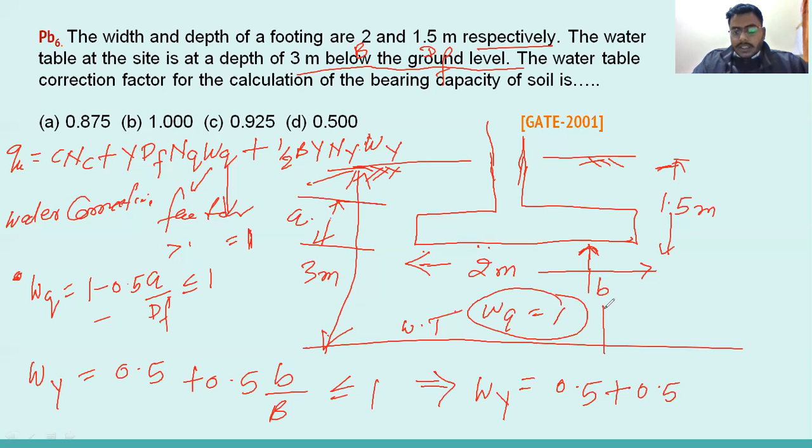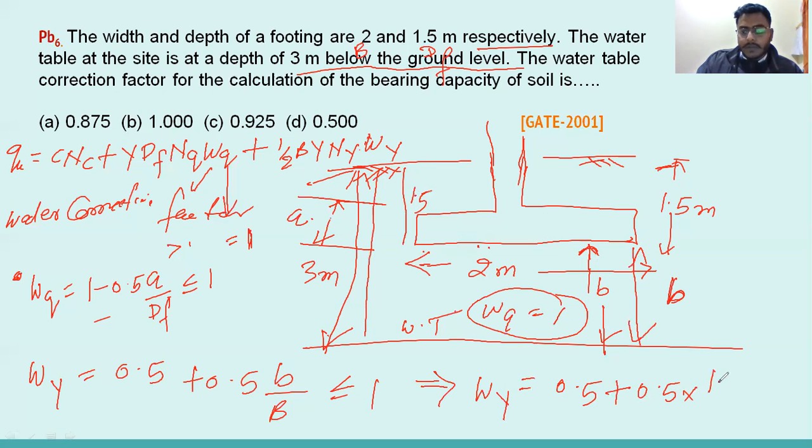This distance is called small b. So what is the small b here? From this height, this is 1.5 meter, total height is 3 meter, so small b will be 1.5 meter. And capital B is the width of the footing, that is 2.